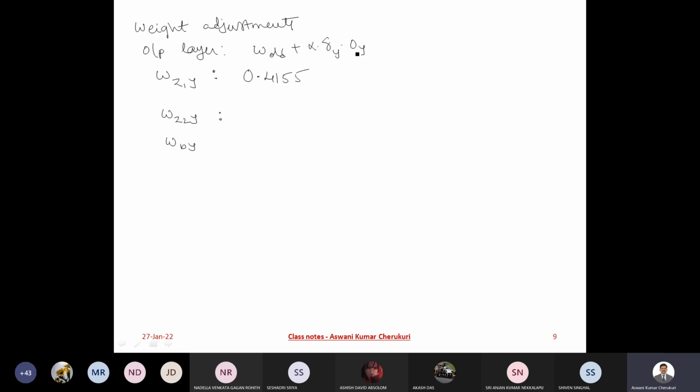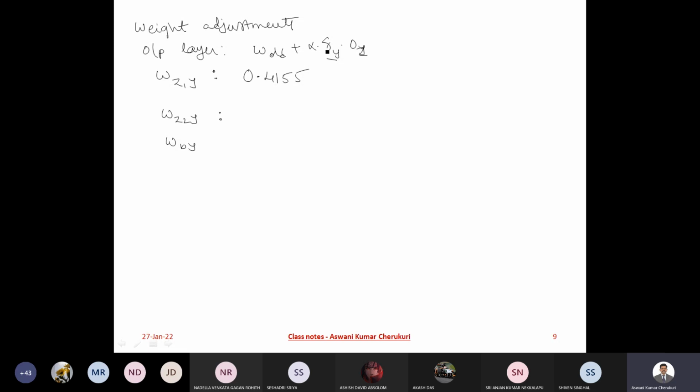Actually, one minute. This particular term needs a minor clarification. Old weight plus learning constant into the error, that means del y, and this is the corresponding connection input. So it's not exactly OY, it is the input coming from Z1 to Y, that means it is OZ1. When you are calculating the weight Z1Y, it is OZ1.